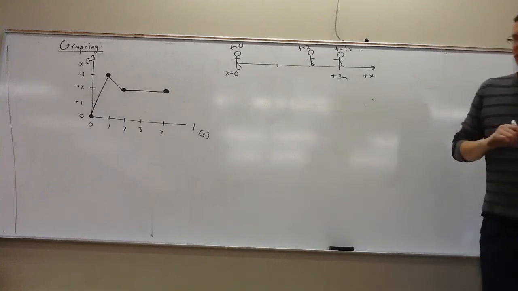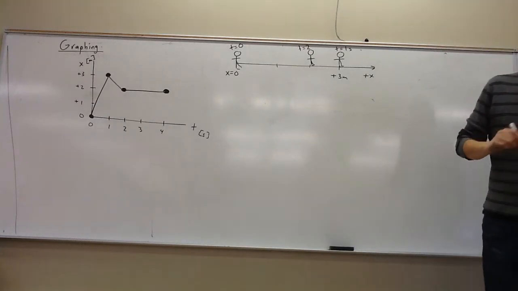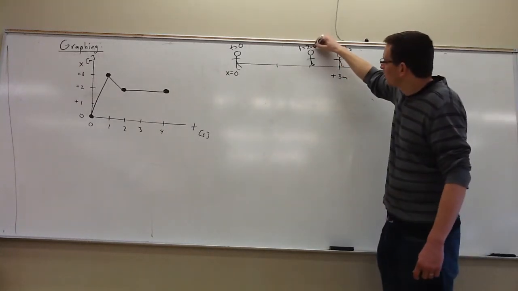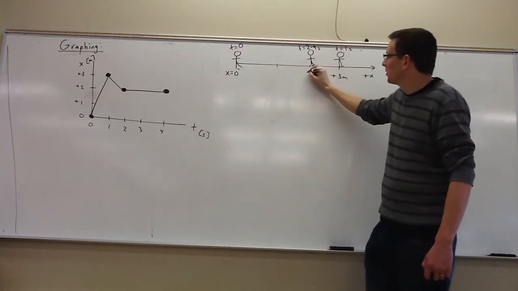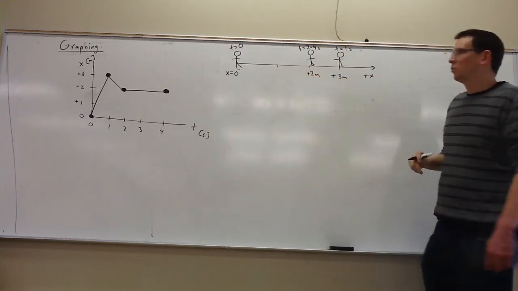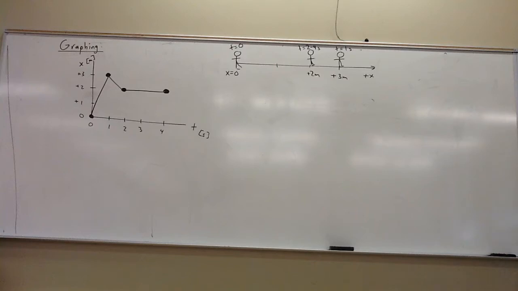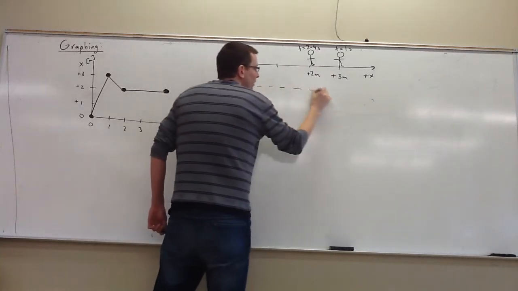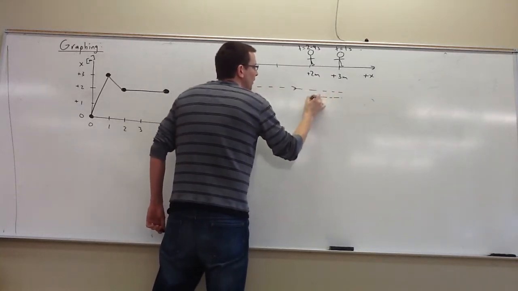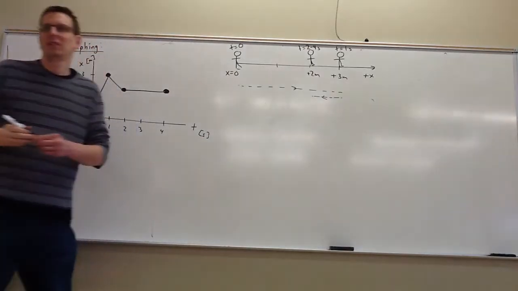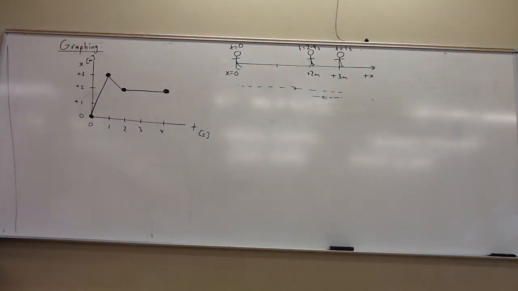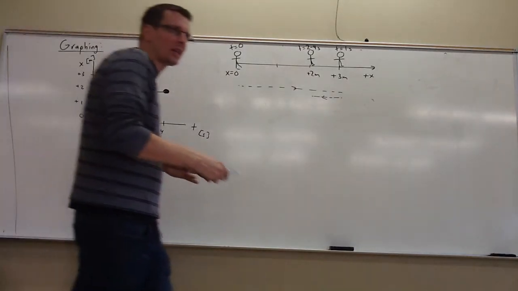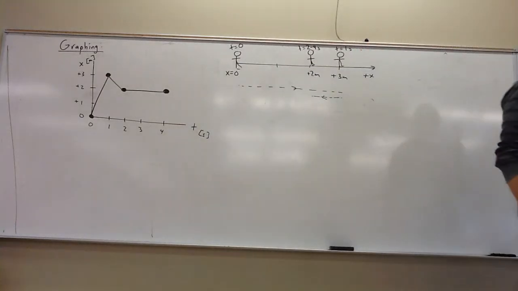And then I apparently like it there because that's where the rest of the motion is, the person sitting at plus 2 meters. So essentially, what we have is the person goes to the right, comes back to the left, and then just sits there. That's the motion. That's the motion being given to us by this graph.